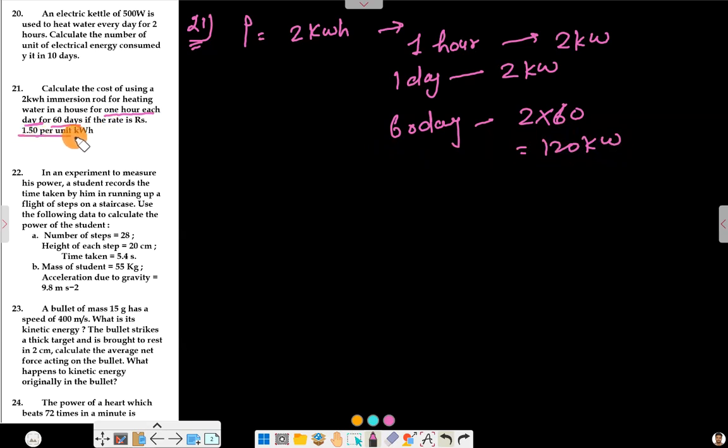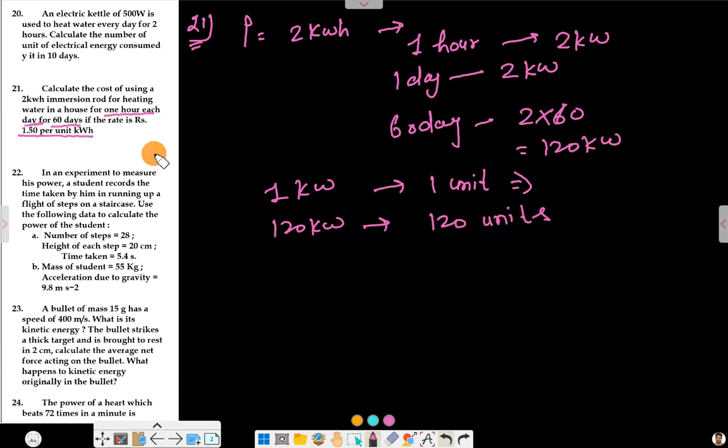Now we have to find the cost of using it. We know that 1 kilowatt is equal to 1 unit. So 120 kilowatt is equal to 120 units, and the rate of 1 unit is 1.5 rupees. So for 1 unit we have to pay 1.5 rupees.